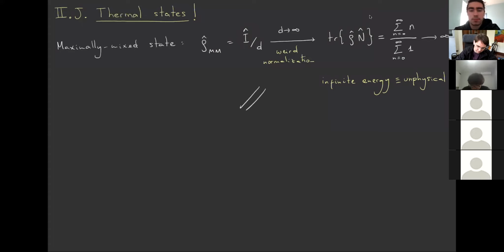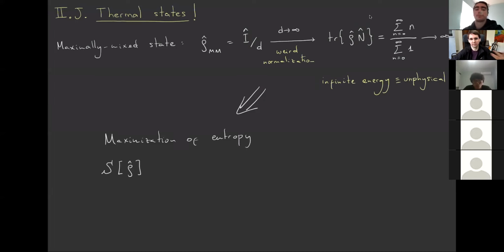So in other words, maximization of the entropy, remember that we find the maximally mixed state by maximizing the quantity that gives you the mixedness of the state, which is the entropy, only makes sense imposing some energy constraint.